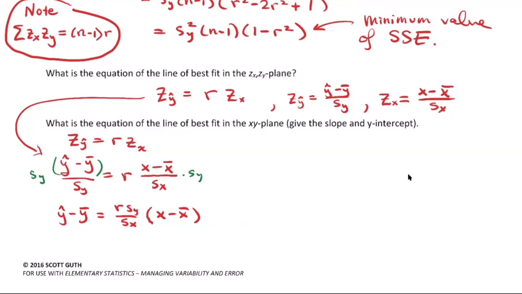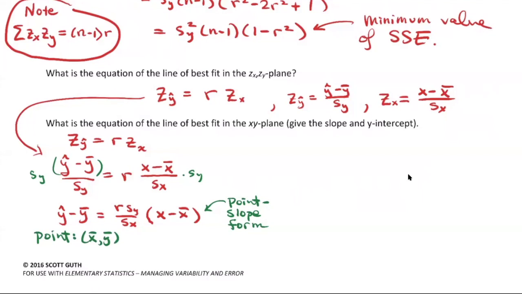That is the equation of a line in what we call point slope form from algebra. And it's worth noting that the point is x bar, y bar.